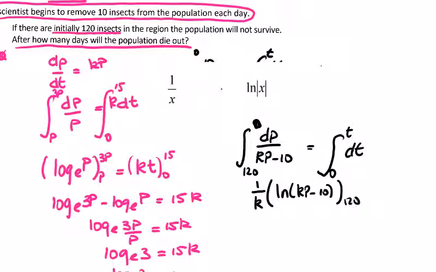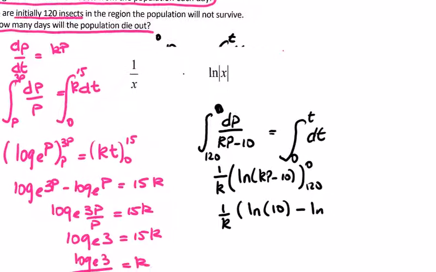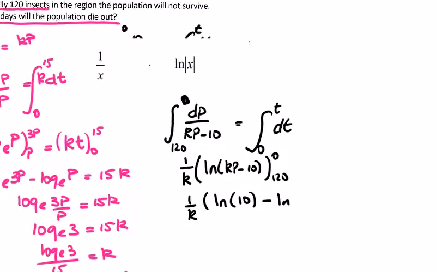Between 120 and 0. So putting 0 in first, we're going to get 1 over k times the natural log of minus 10. I'm just going to take 10 for the absolute value, and then it's going to be minus the natural log of 120 times k minus 10, which gives negative. So put in 10 minus 120 by 0.07324 into your calculator.